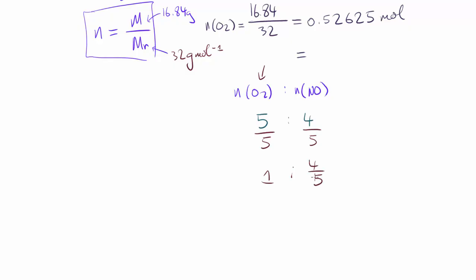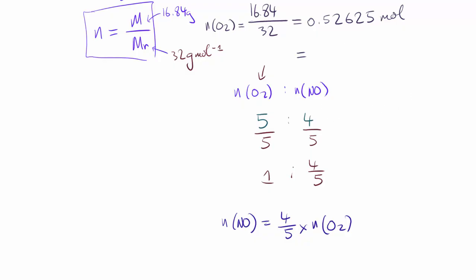And what does that tell us? For every 1 mole of oxygen, we're going to have 4/5 moles of nitric oxide. So the number of moles of nitric oxide is equal to 4/5 multiplied by the number of moles of oxygen. That's it represented in a more formulaic sense.